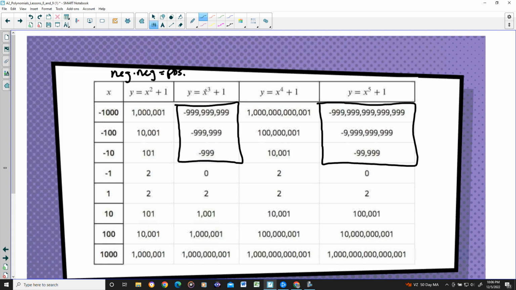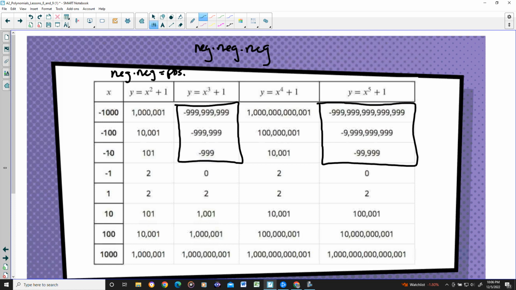What happens when you have a third power? With a third power, we can plug these numbers in, but this time they end up negative. Why? It's because, and again, I don't have a lot of room to write this here, negative times negative times negative. Remember, the third power means you multiply something by itself, right? So you have, say, negative 10.